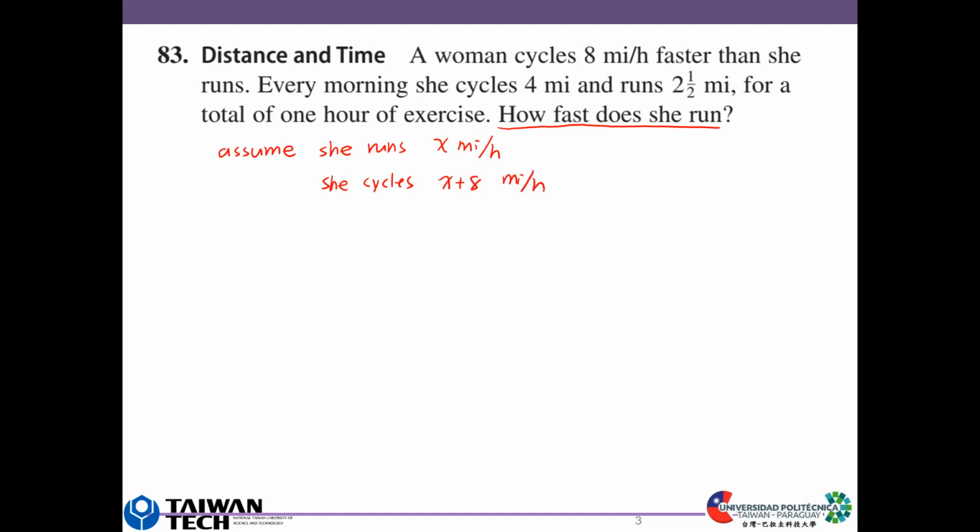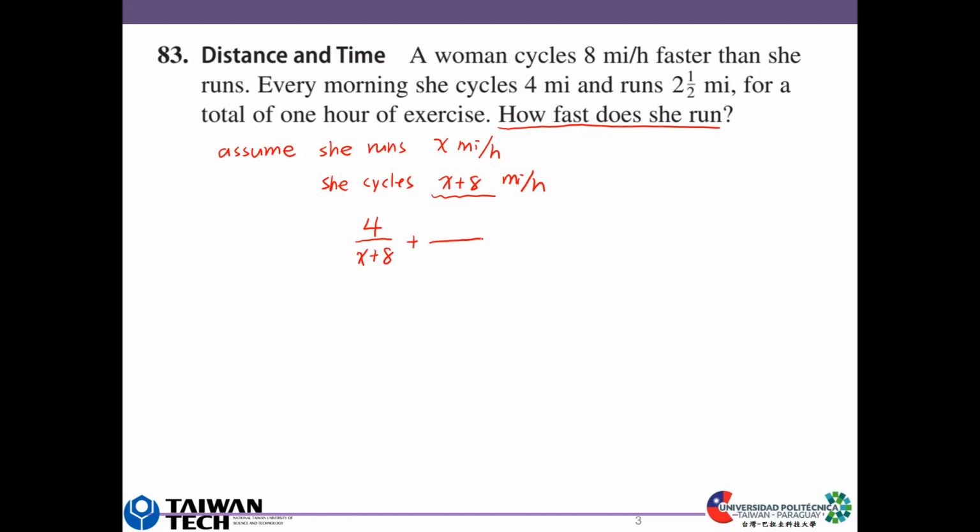Every morning she cycles 4 miles. How long does it take? If she cycles 4 miles at a speed of x plus 8 miles per hour, the total time for cycling is 4 divided by x plus 8, right?